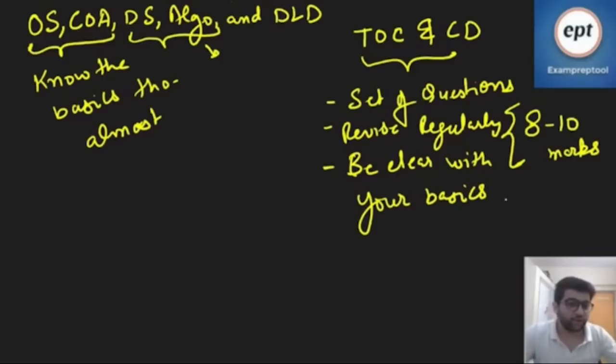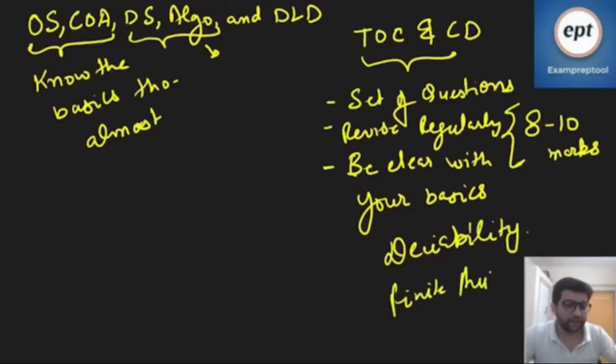There are questions on decidability. There are questions on finite automata. And it is very easy to score on decidability questions because we have to just remember some properties of languages, and you will be able to score the marks.